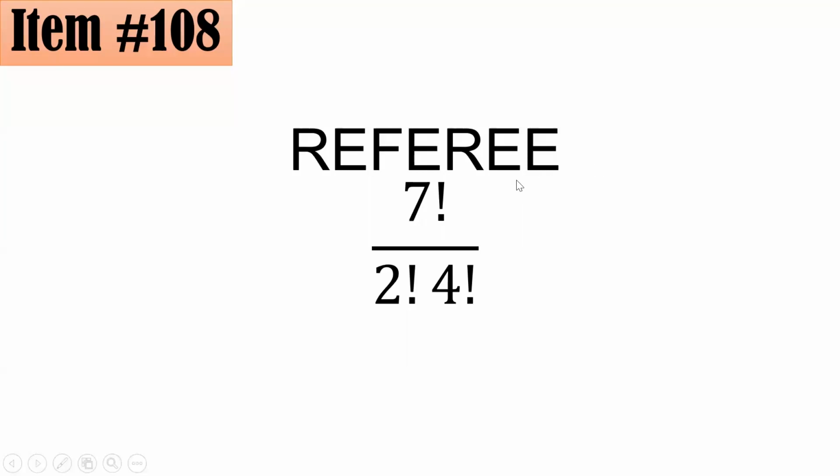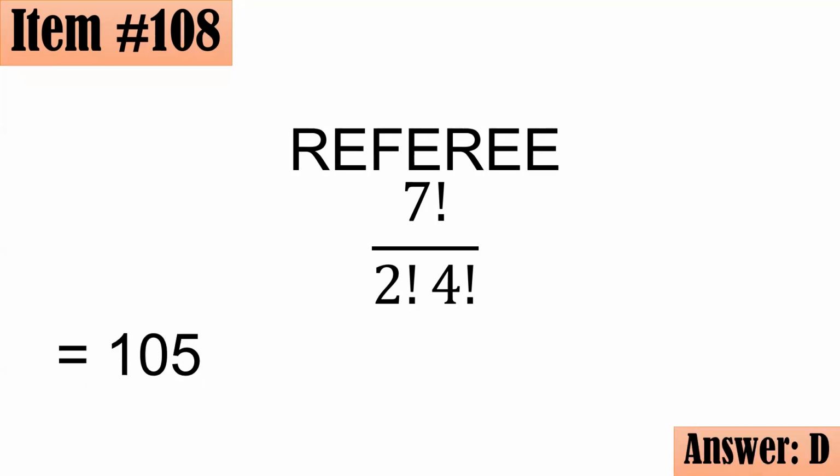So 4 factorial. If you interchange the E's among themselves, it will not matter. That's why divide by 4 factorial. Your calculators can do the trick, and that gives you 105, letter D.